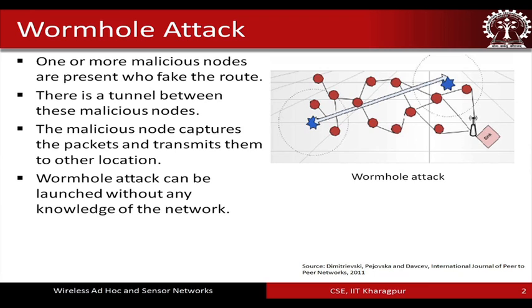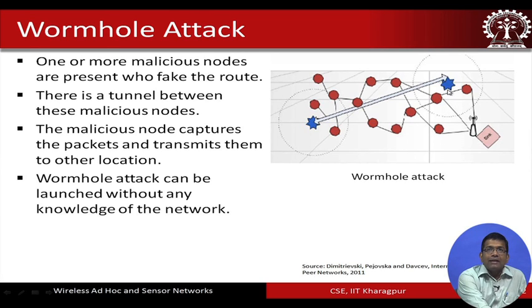This is another very popular attack, called the wormhole attack. In the wormhole attack, as we can see, we have a network of orange colored nodes, and an attacker can come in and maliciously get access to the data that is in transit in this network.